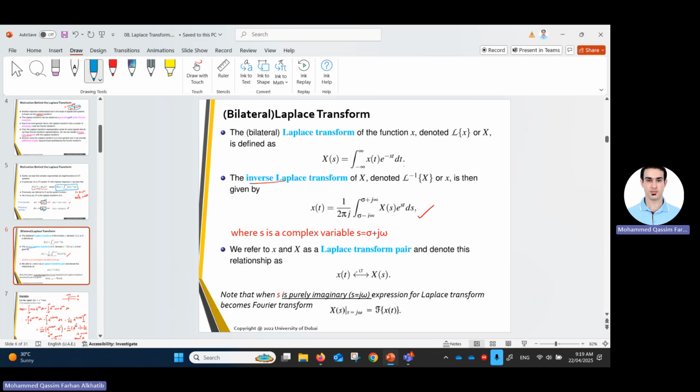The bilateral Laplace transform, because it covers both points in time from negative infinity to infinity, is given by this expression. Here is the inverse. As we mentioned, the inverse is not that straightforward. It requires a lot of math, probably numerical analysis, not standard integration. So we use the pairs.